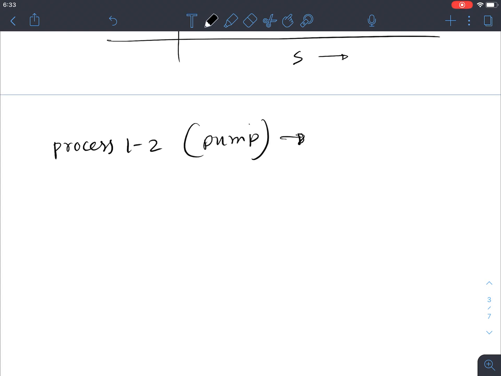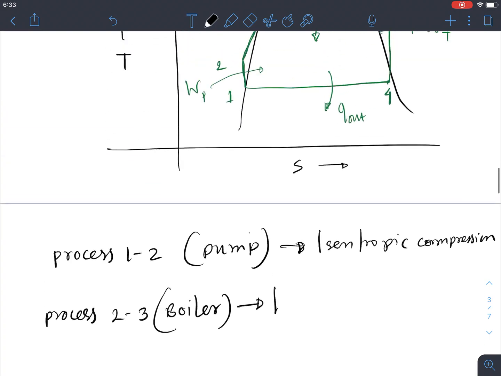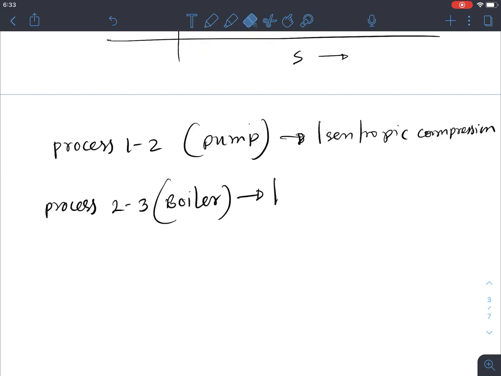And that pump is basically working for isentropic compression. And then process 2 to 3, boiler. What is happening is isothermal, constant pressure heat addition.